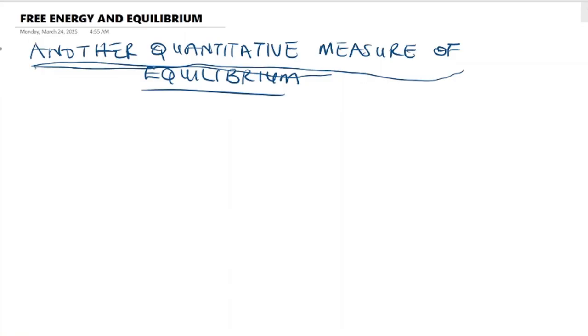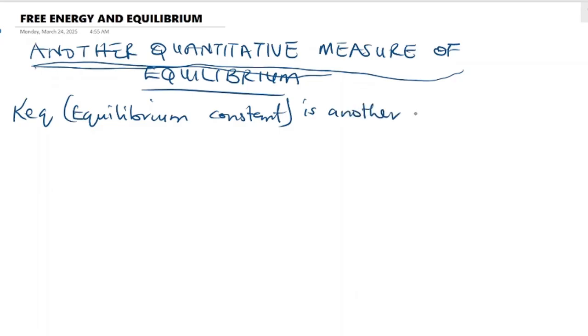The equilibrium constant is another quantitative measure related to equilibrium.